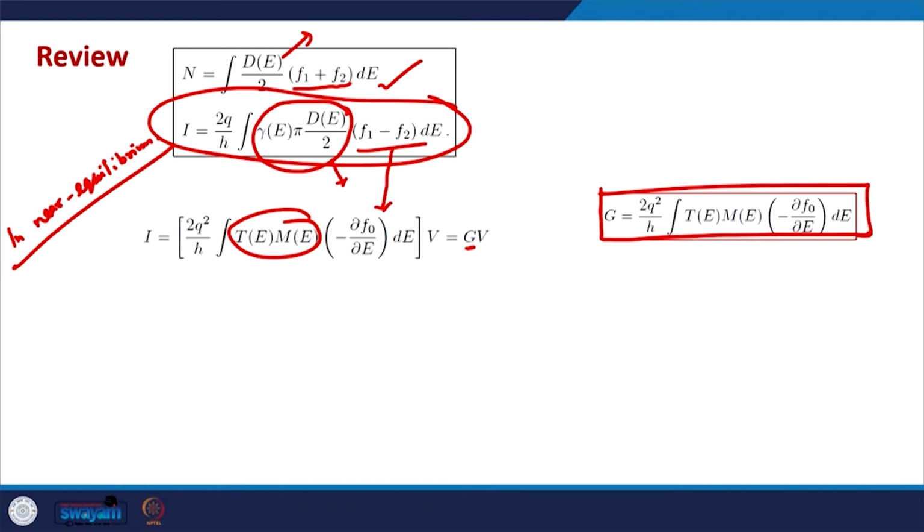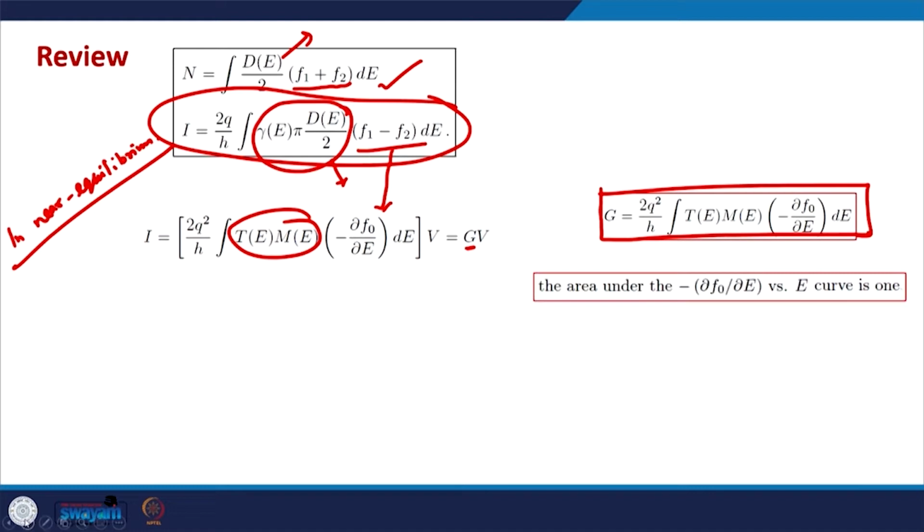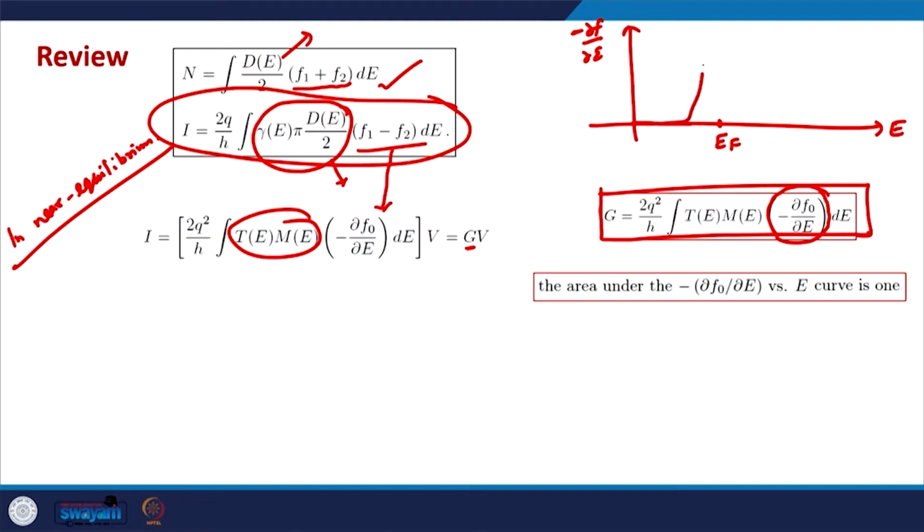Okay. And we saw that this thing in the integration, minus del F by del E, is an interesting function, and if we plot this on energy axis, minus del F by del E is a window function around the Fermi level of the material. So this looks like a window around the Fermi level.